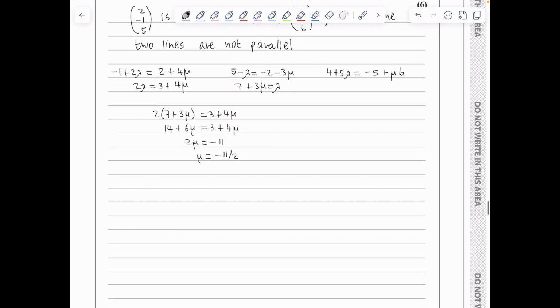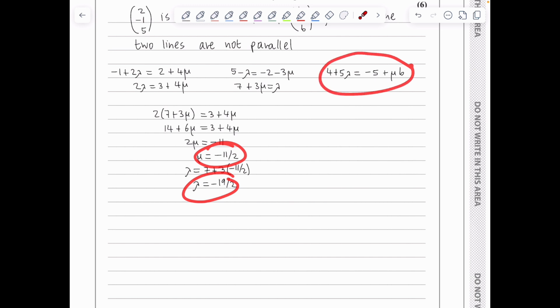Let's proceed in finding lambda. Lambda is 7 plus 3 mu, so 7 plus 3 times minus 11 over 2, and therefore lambda is minus 19 over 2. And I will use these values for mu and lambda to determine the corresponding value for b. So we've got 4 plus 5 times the value of lambda, minus 19 over 2, being equal to negative 5 plus negative 11 over 2 times b.